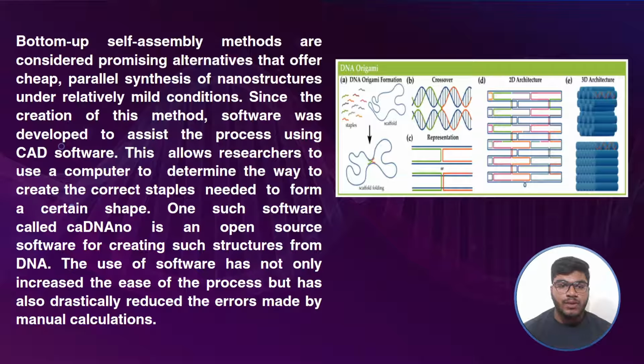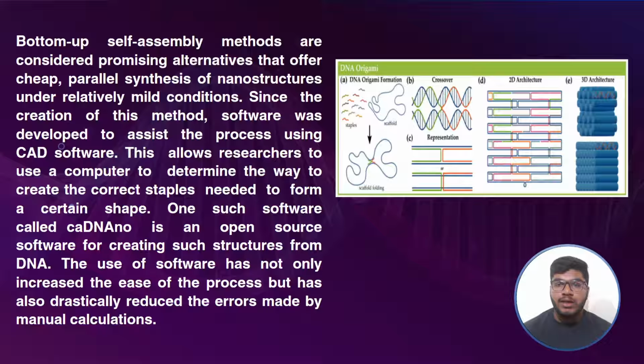One such software, called caDNAno, is open source software for creating such structures from DNA. The use of this software has not only increased the ease of the process but has also drastically reduced the errors made by manual calculations.